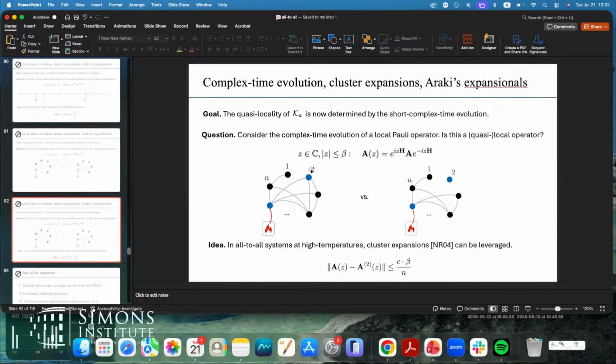How much does that affect the second site? The way that is done is by comparing the time evolution where all the Hamiltonian terms touching the second site have been plucked out. And you can answer these questions using cluster expansions.